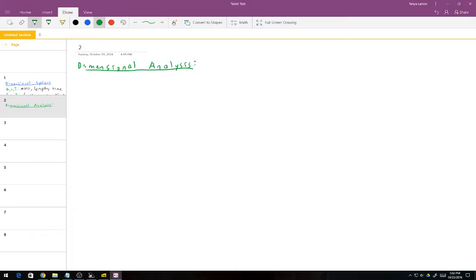Well, fundamentally, dimensional analysis is a method to combine variables into fundamental dimensionless numbers, like our Reynolds number previously.